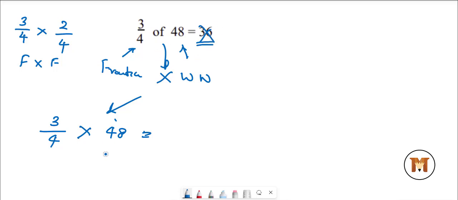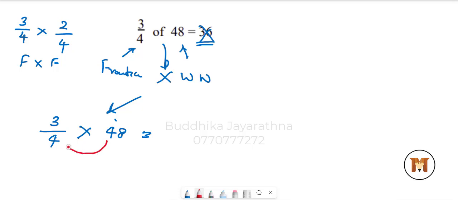Now I'm going to teach you how you can multiply these together. I told you there are two methods. Method one is that you can easily see the relationship between the whole number and the denominator. The whole number and denominator: you can see 4 times 12 gives 48.